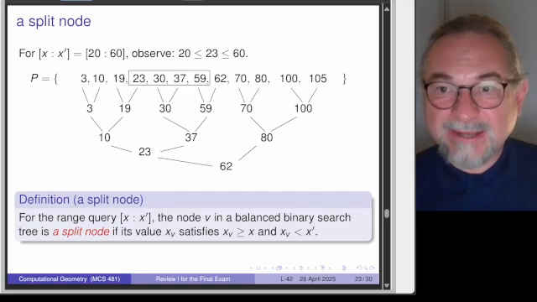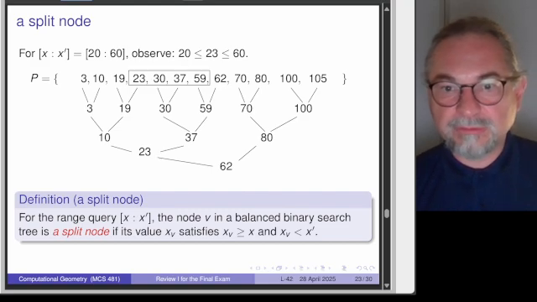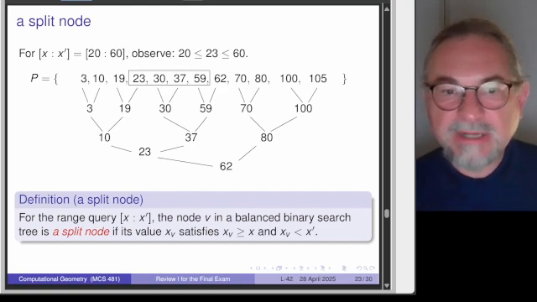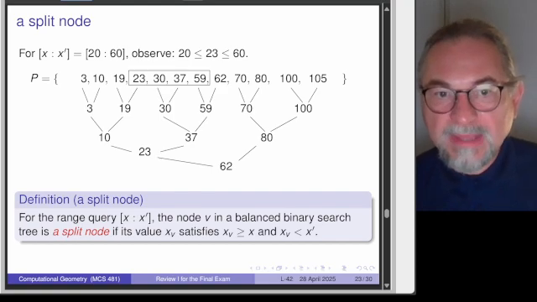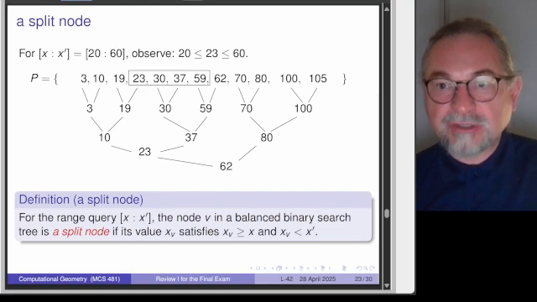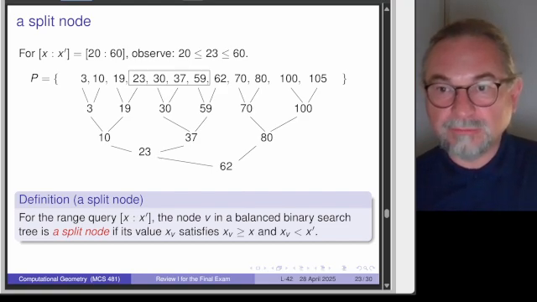So that means that we may have to search. Why is the split node called a split node? Well, if you look at this example here, 62 is outside the query range. So that means that we can discard everything to the right of 62.